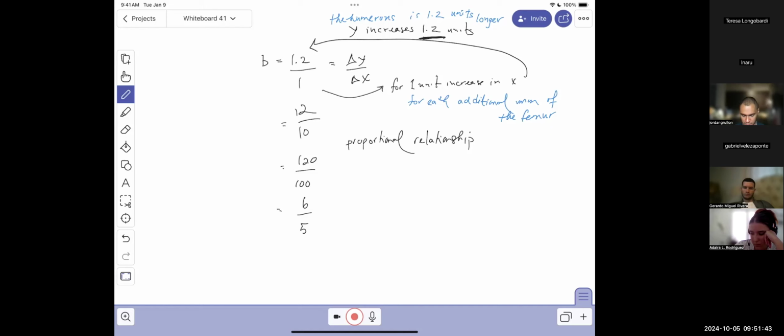No, it's too big, too big. 6. So what you have to do is just multiply both, right? 5 and 1.2. That's what I'm doing. So it's a proportional relationship. That's what a slope is. Good. That's how we use it.